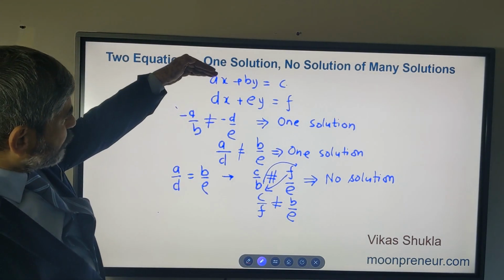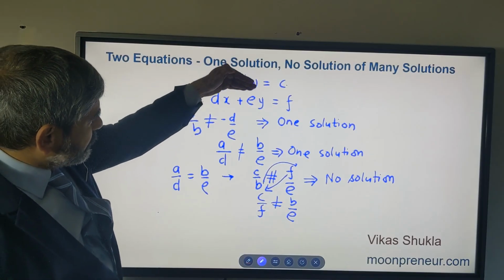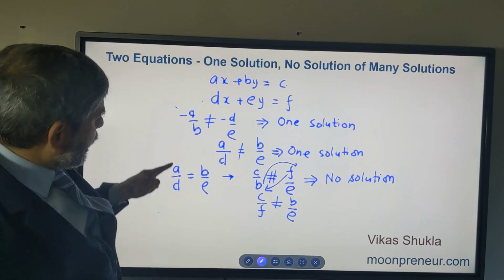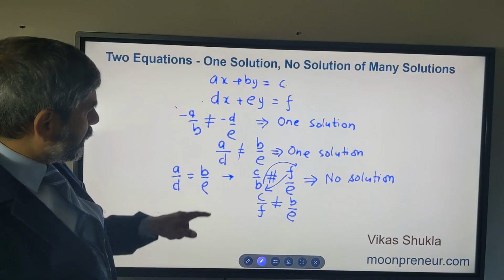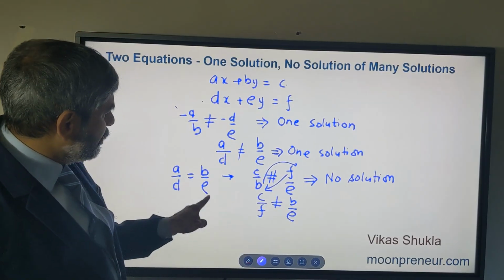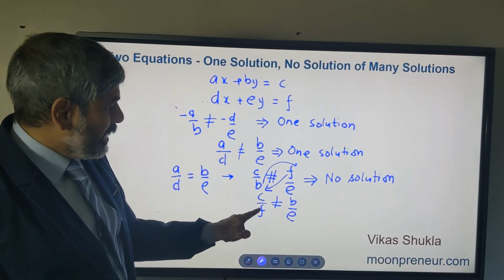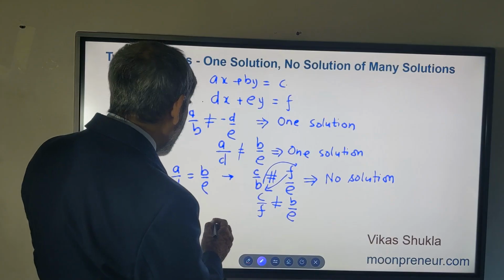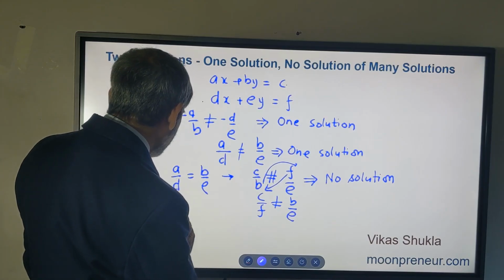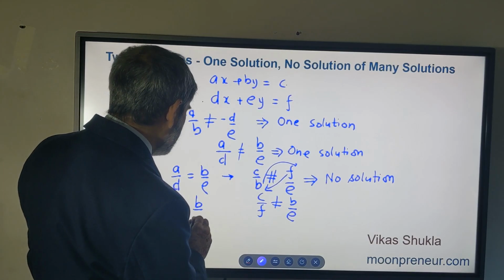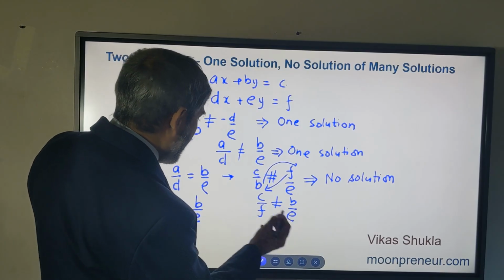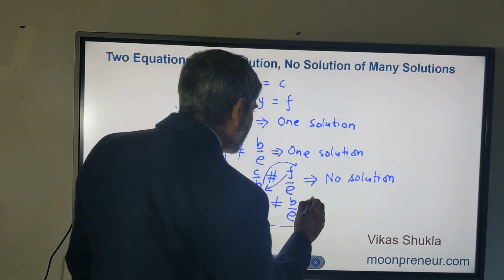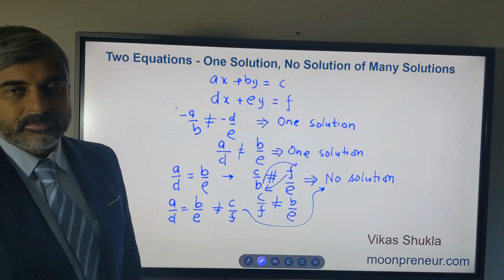So here is what is happening. You compare a by d with b by e, and if this is equal, you compare this b by e with c by f. I can combine these two conditions: if a by d is equal to b by e, and this b by e is not equal to c by f, in that case you have no solution.